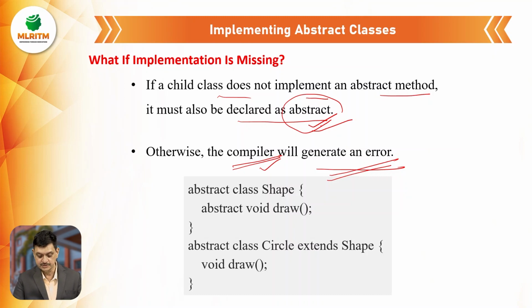So what does it mean? The class Shape is declared an abstract class, and it contains the abstract method. If any child class derived from Shape, say for example Circle, is also unable to provide implementation details for the abstract draw method, then this class also must be declared abstract.